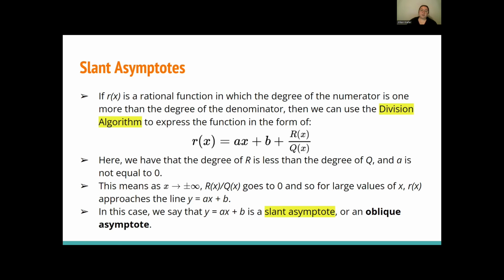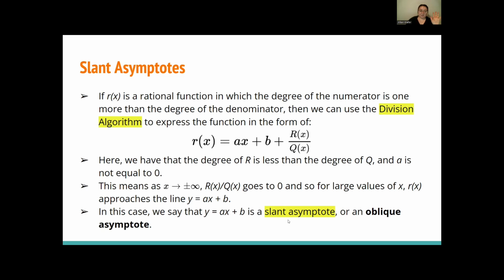So for any large values of x, lowercase r of x would really just be the line mx plus b, because this term at the end here essentially just wouldn't matter anymore. So in this case, we say that the line y equals mx plus b, or ax plus b, is a slant asymptote or an oblique asymptote.